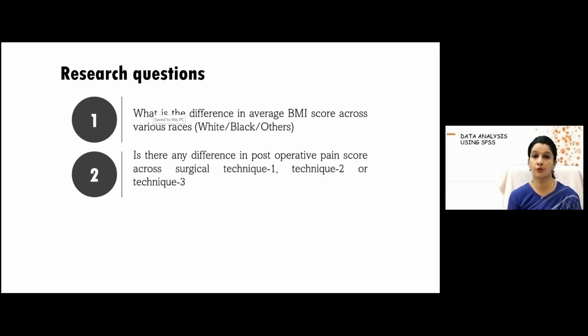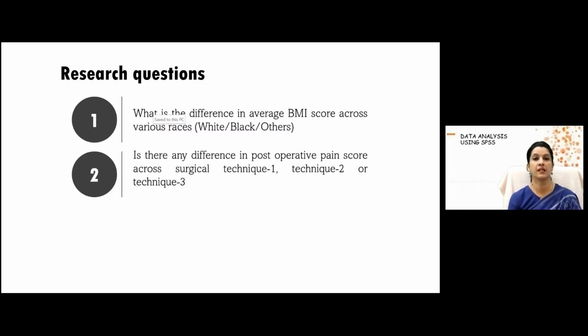So if I want to see the mean BMI score across these 3 groups, and test whether any difference exists between these 3 groups, then I will apply one-way ANOVA. Here the mean BMI score is continuous data, and the other variable, the independent variable, is a categorical one, and the categories should be more than 2.